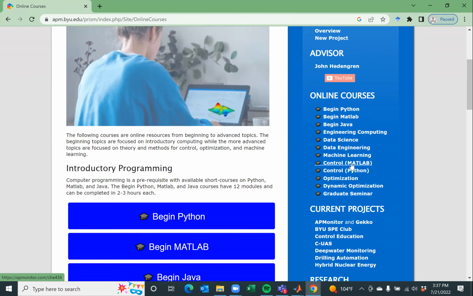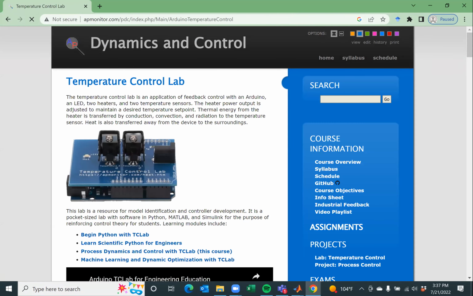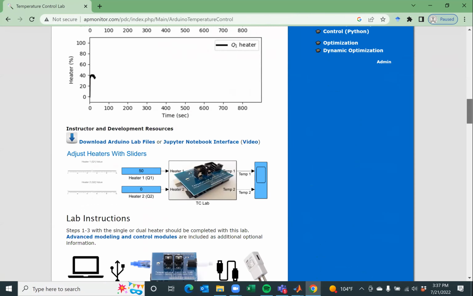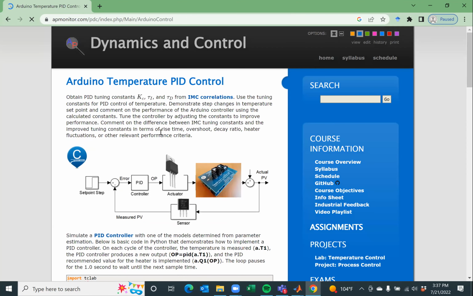Then go to MATLAB, temperature control lab. And I want you to look at this one heater lab.